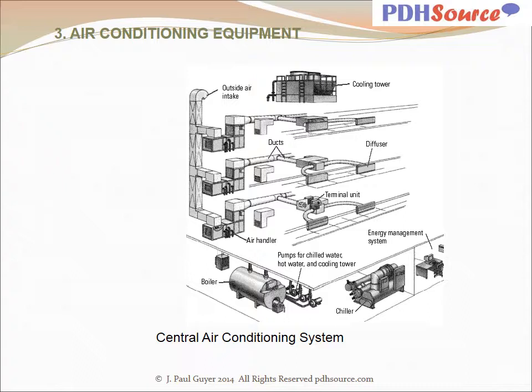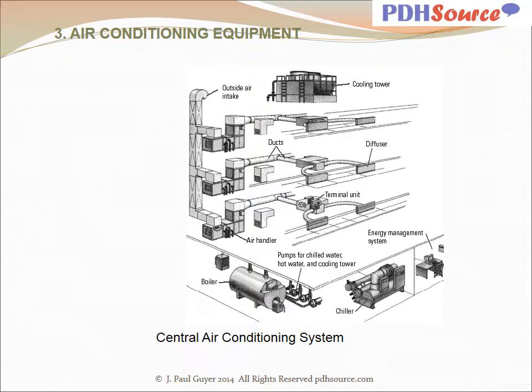Now, you also see a piece of equipment up at the top there labeled a cooling tower. You recall in the basic refrigeration cycle the condenser coil, and in the illustration we looked at, the condenser coil was what you would call an air-cooled condenser.